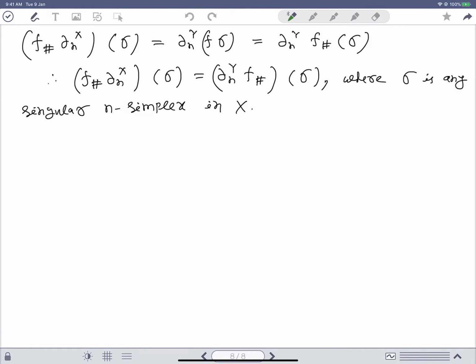So first of all, let sigma be an arbitrary element in Cn x.